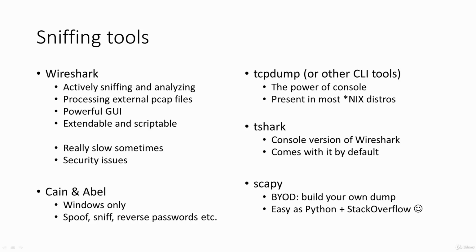TShark is a really powerful substitute for TCP dump, I guess, because it's basically a console version of Wireshark. It's cool, it's faster, yeah, and as well as TCP dump it can be used to capture a lot of traffic, save it to pcap files, and then grab these files and somewhere on a much stronger and more powerful machine analyze that with Wireshark or something else.